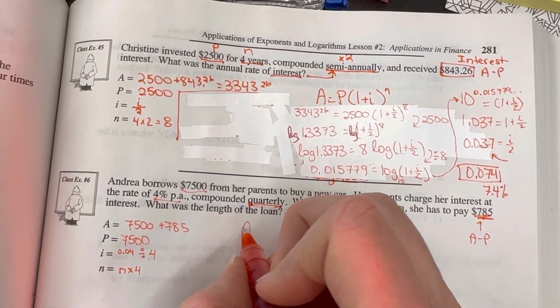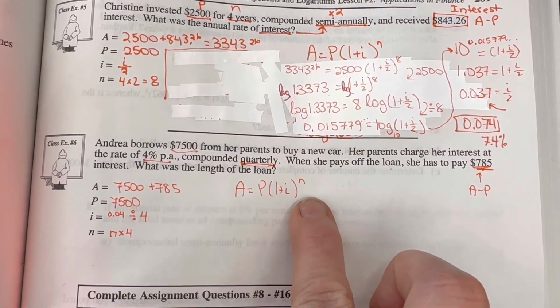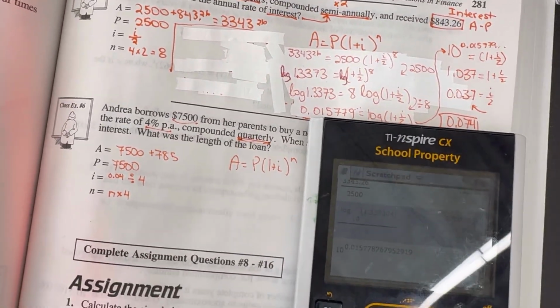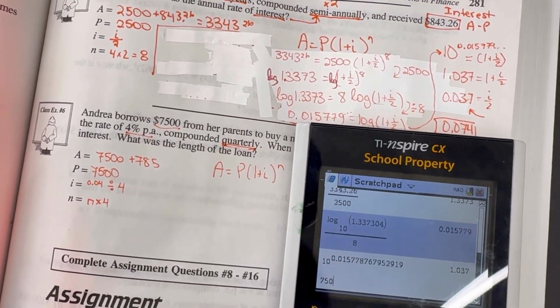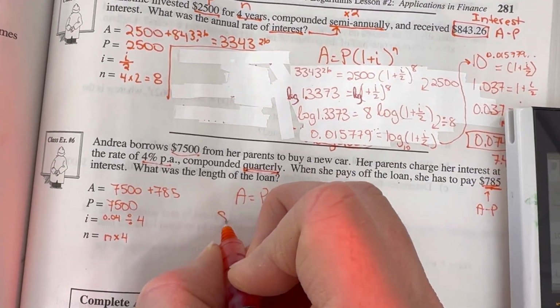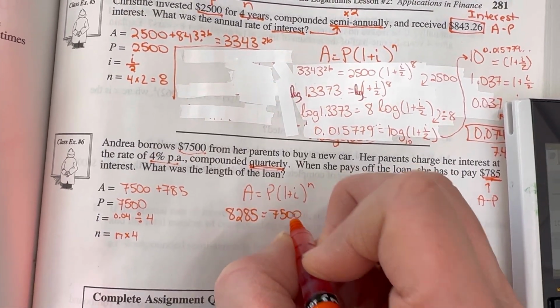Okay, so we set this up. A is equal to P like that. So my A is going to be that number added together. So let's do 7,500 plus 785 is 8285. Principal is 7,500.